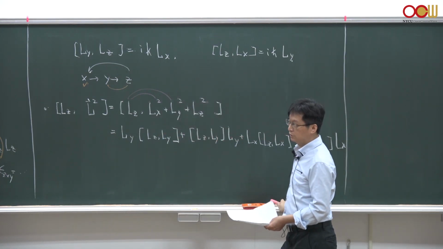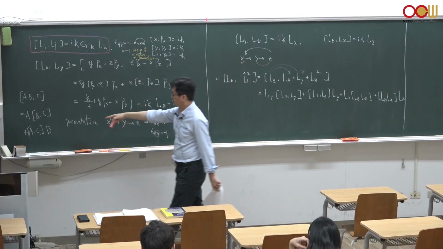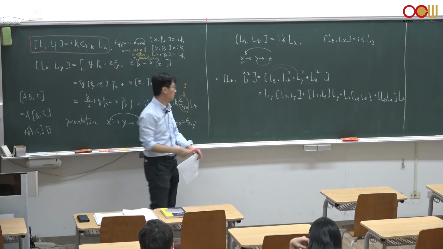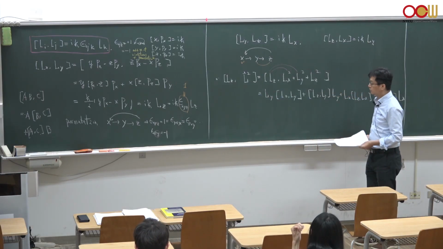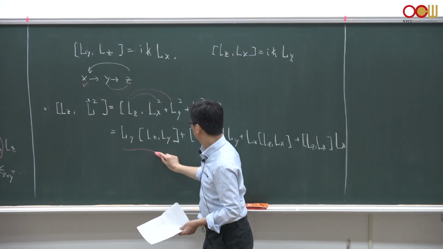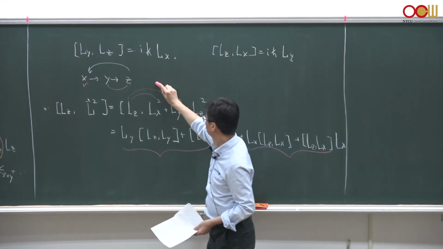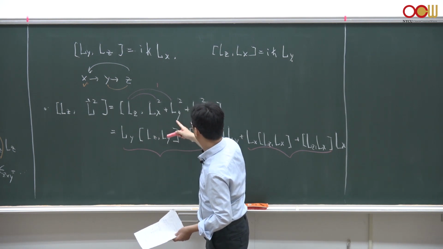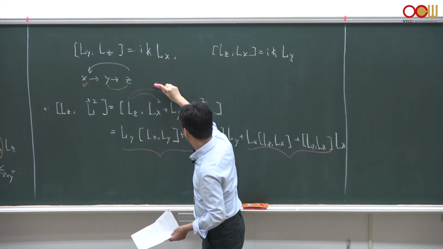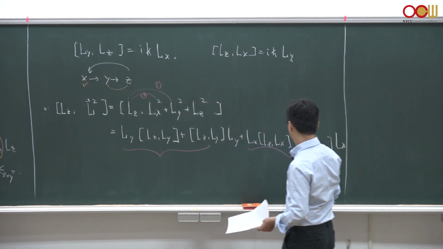So of course you could use this ABC rule for the commutator that I just wrote here, and separate these two commutators into four commutators, right? The first one is Lz with Ly squared. The second is Lz with Lx squared.